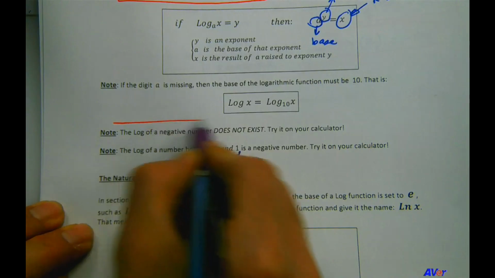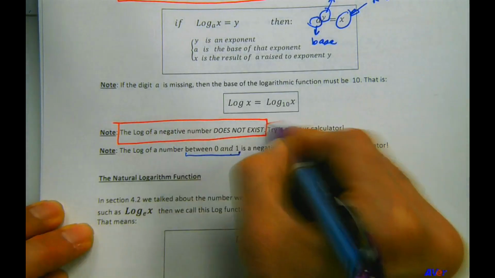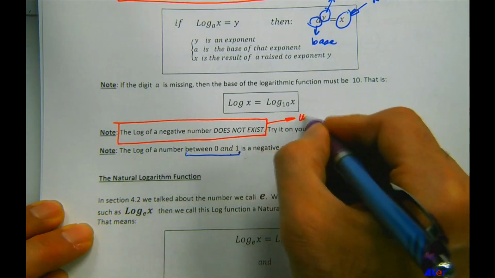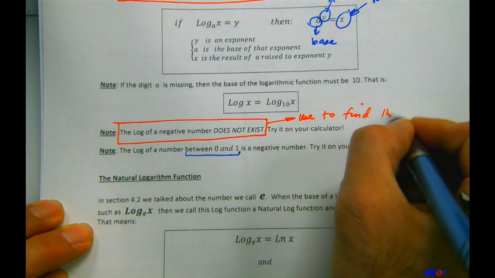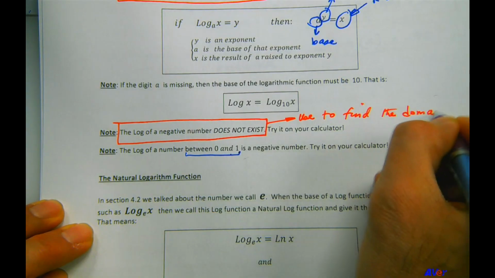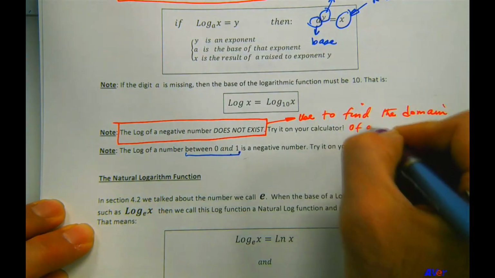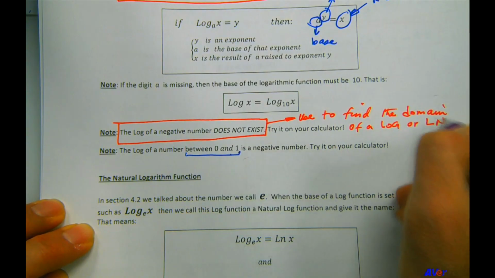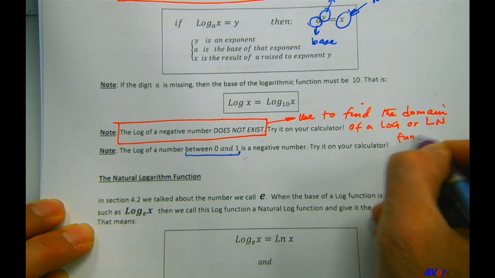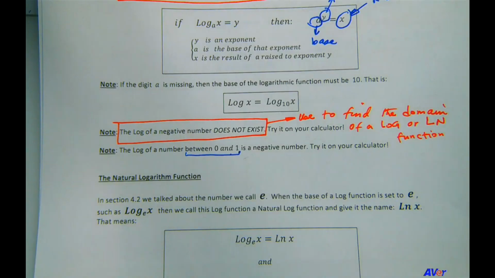The log of a negative number does not exist. Let me box it and say with an arrow, use to find the domain of a log or natural log function. That statement is going to help us answer these last two questions.